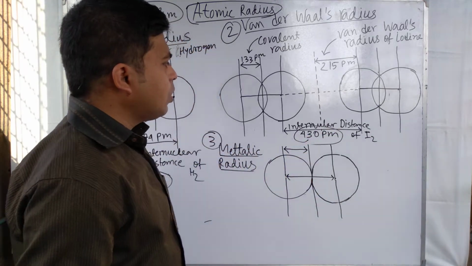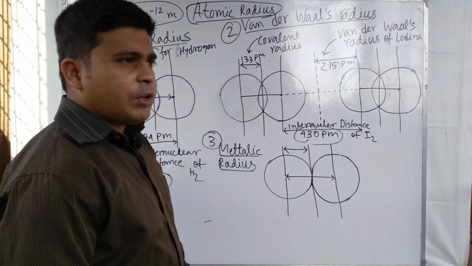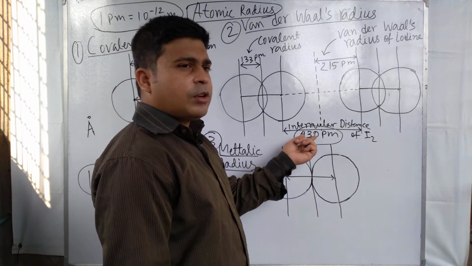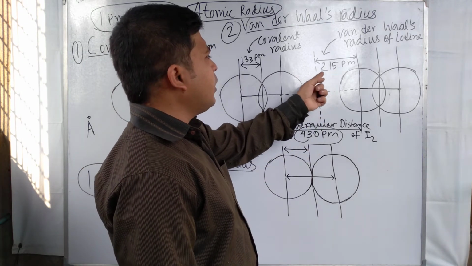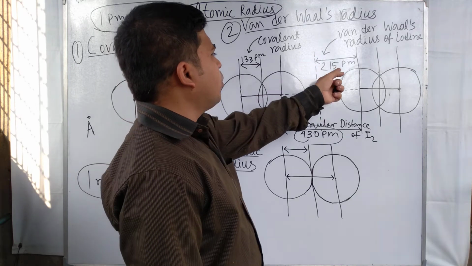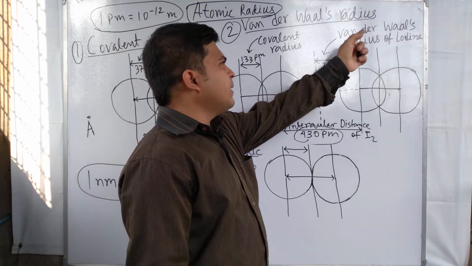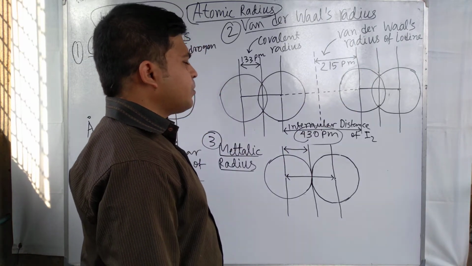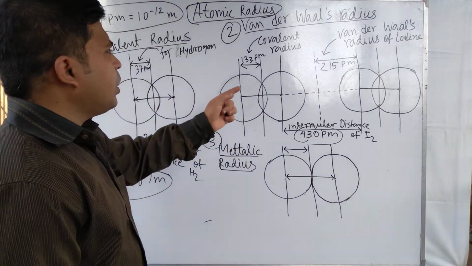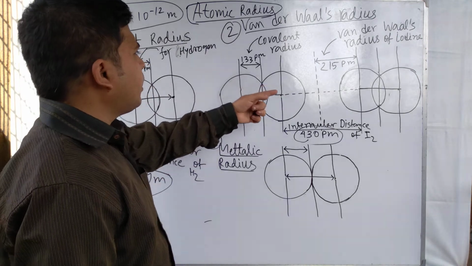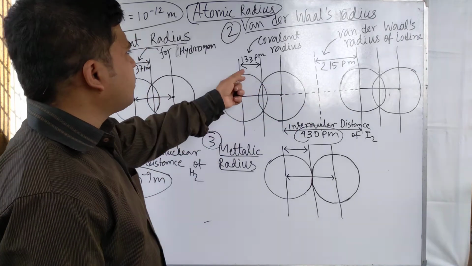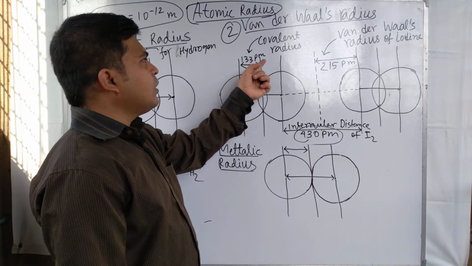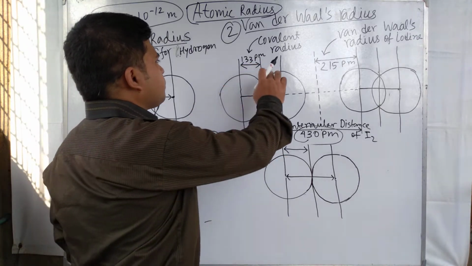When we divide this internuclear distance by 2, we get 215, and this 215 picometer is the van der Waals radius of iodine. In this way we can measure the van der Waals radius, and for iodine we can also measure the covalent radius. Here the covalent radius is 133 picometer.